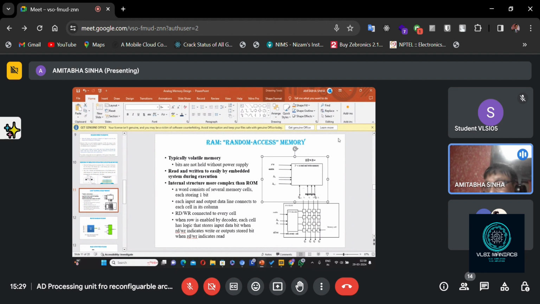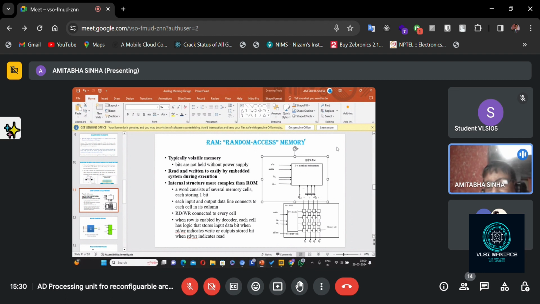So with read-write bar, we know that at a time we are not doing both read and write functions. Either read will be performed or write will be performed.